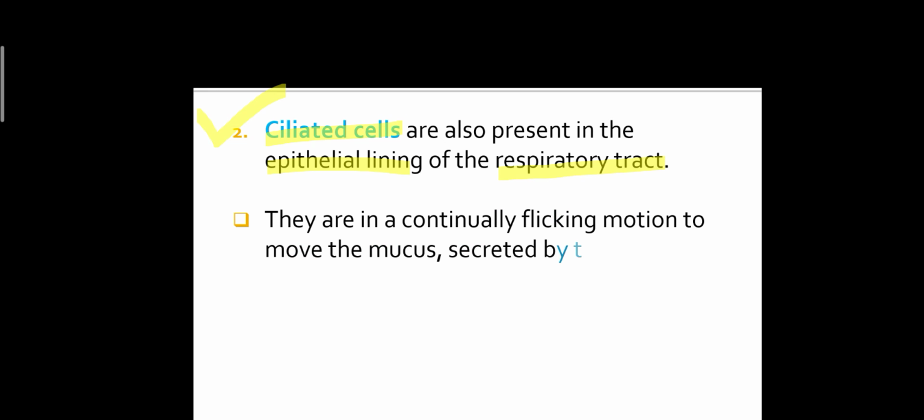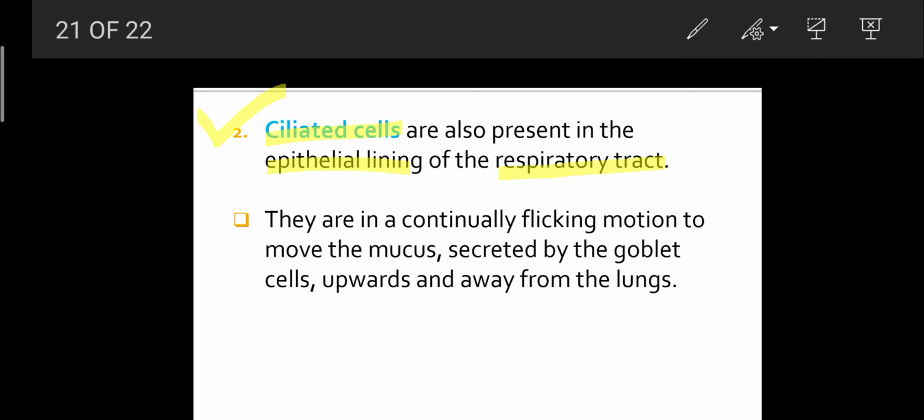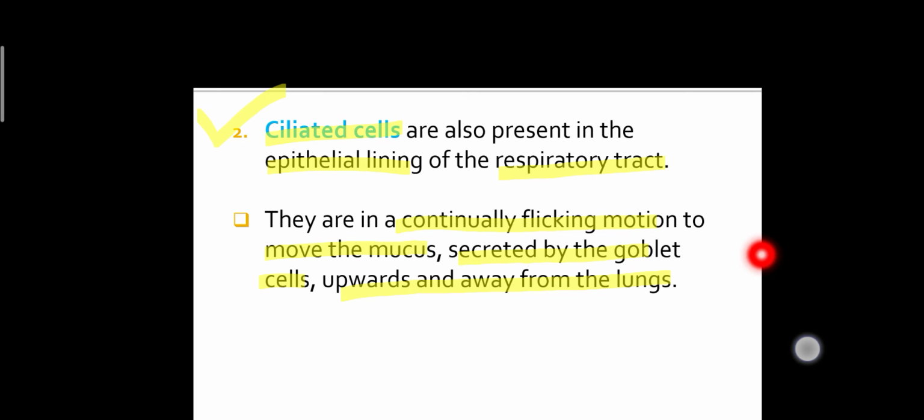They continually flick in a motion that moves the mucus secreted by the goblet cells upward and away from the lungs.